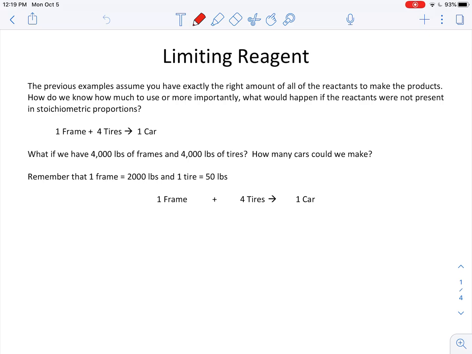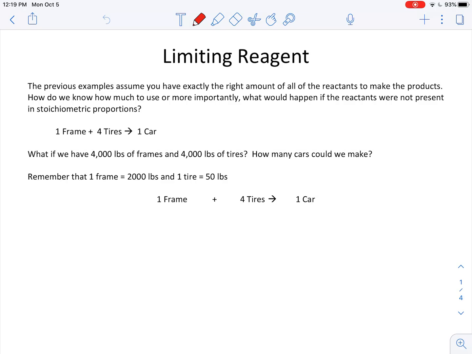But in reality, we always know that we don't necessarily have the correct amount of everything at the correct time. So what we're going to end up with is situations where we have a certain amount, but we can't necessarily use it because we don't have enough of the other substance.